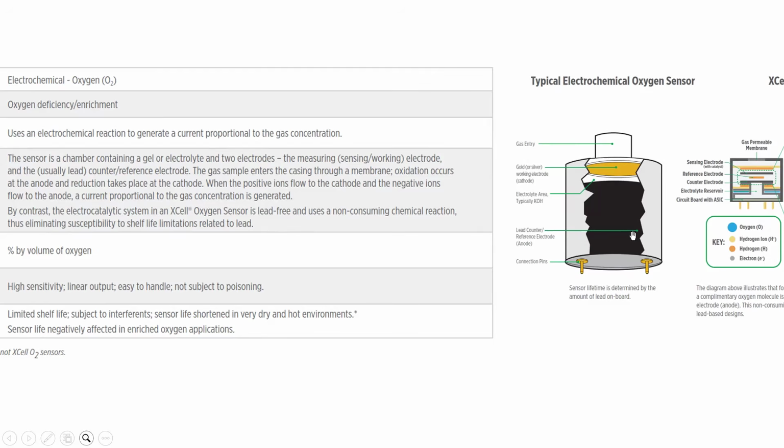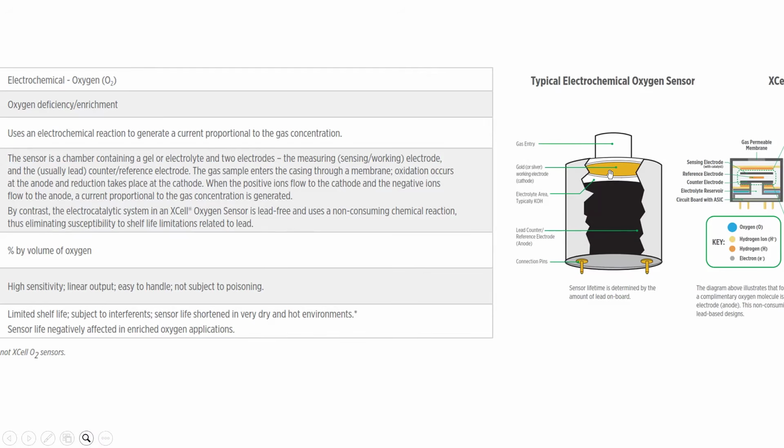If you see the difference, friends, with the previous one, electrochemical toxic, there are three electrodes. Here only two, anode and cathode, that's it. Coming back to the subject here, the gas sample enters the casing through the membrane.